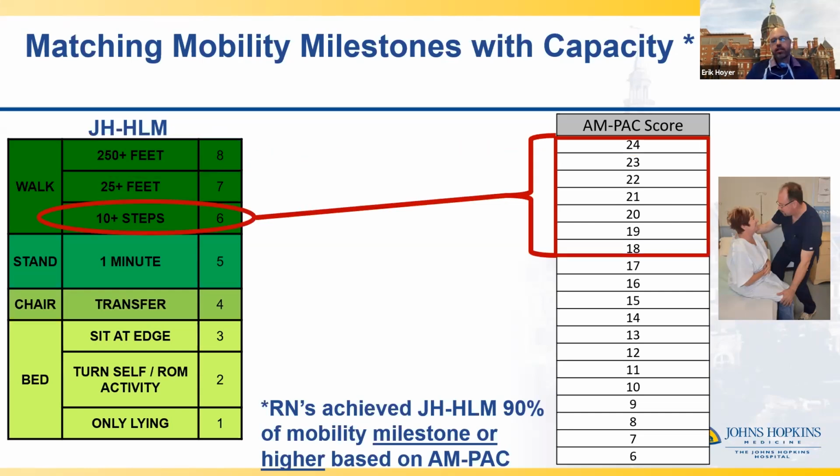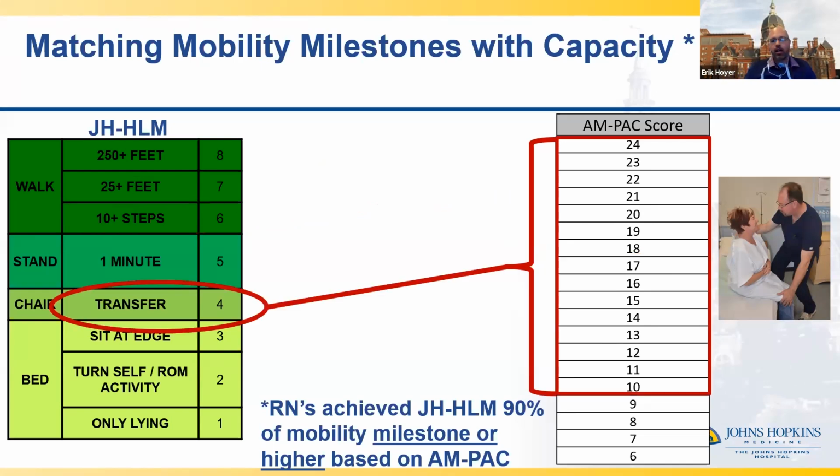And for a different milestone, like taking 10 plus steps, nurses can be successful in achieving that milestone when the AMPAC score is 18 or higher, essentially.